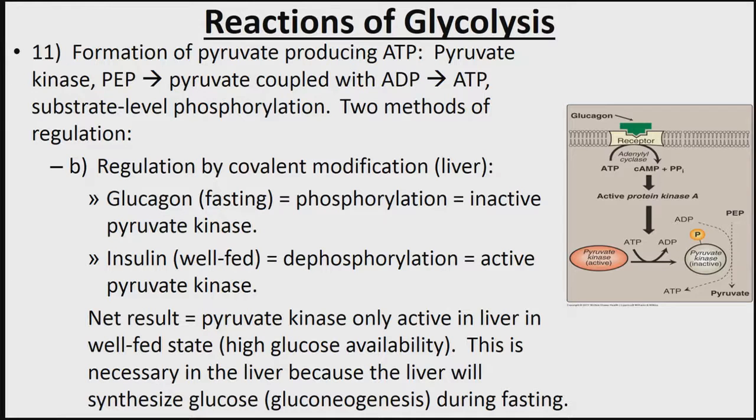And it is absolutely critical that sometimes this enzyme is shut off, as you're going to see when you do gluconeogenesis. Okay, so you have that feed-forward regulation, and then you have the regulation by phosphorylation status. Insulin dephosphorylates this enzyme, which activates it.